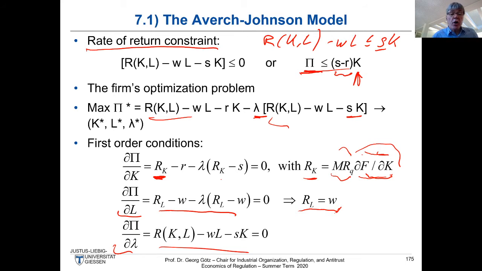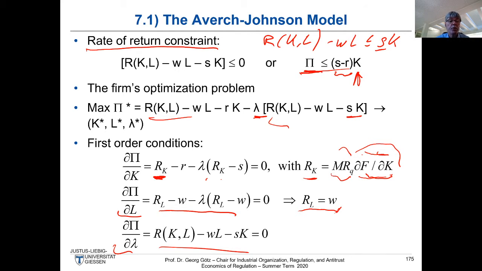This is standard. However, what you see here is different, and now we are just playing around with these two conditions and showing that we don't get the same condition as under perfect competition, or as we would get with profit maximization.